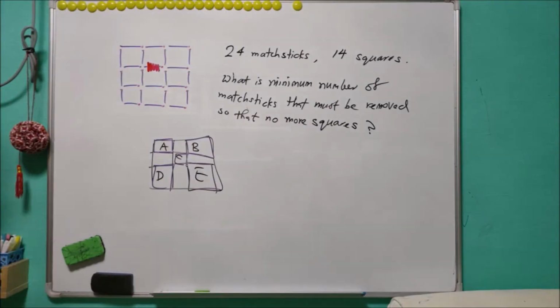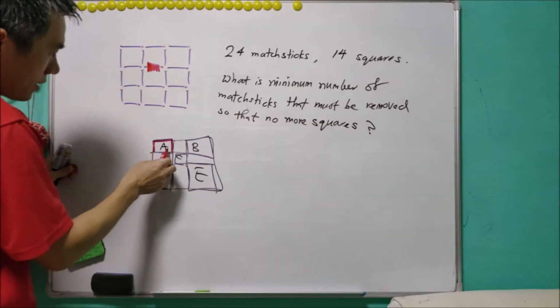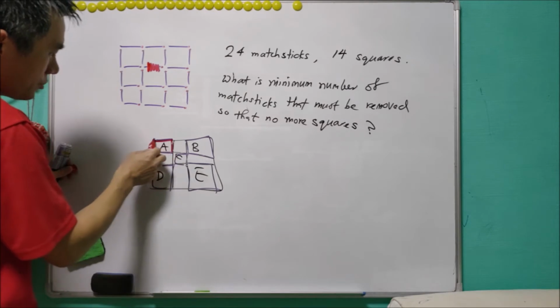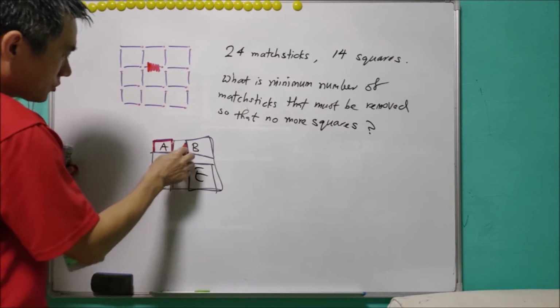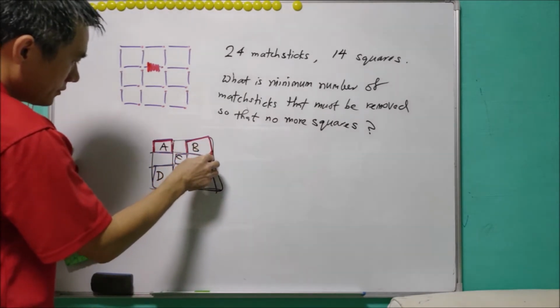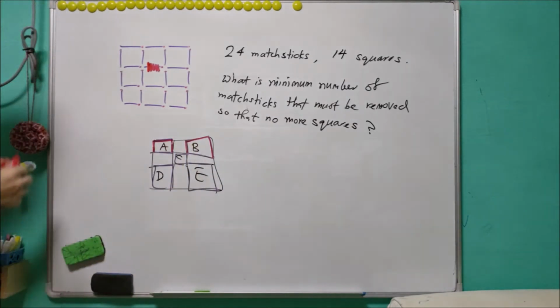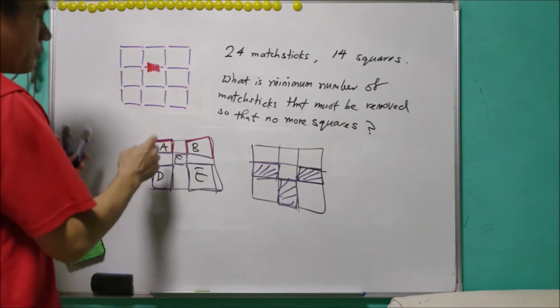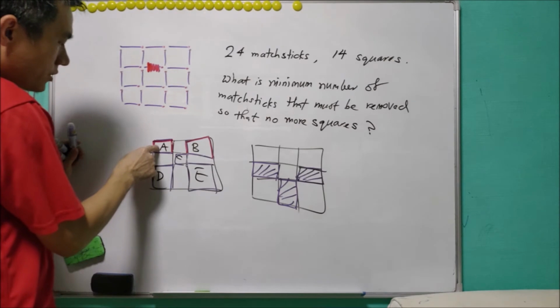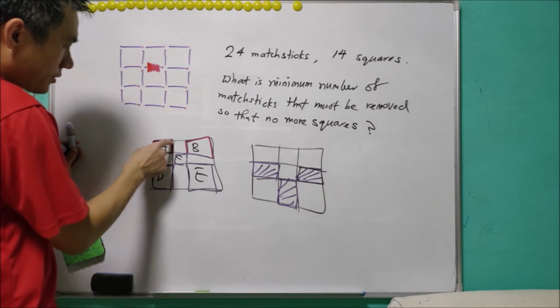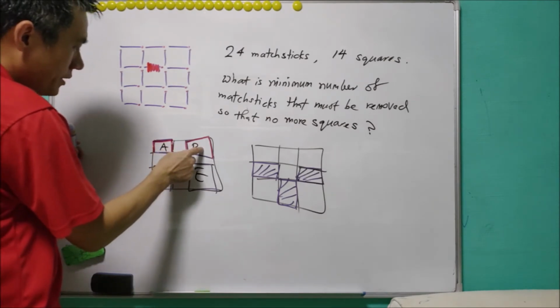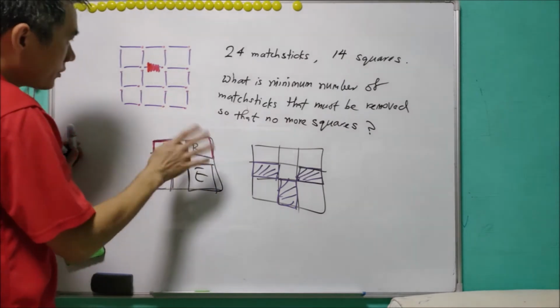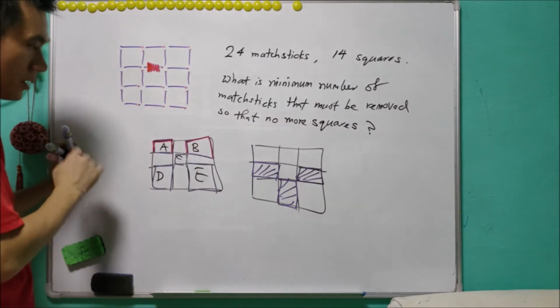Now, let's say for square A, we remove any of these 3 sides, and for B, any of these 3 sides. What will happen? After we remove one matchstick from A and one matchstick from B, we have already removed 3 matchsticks.